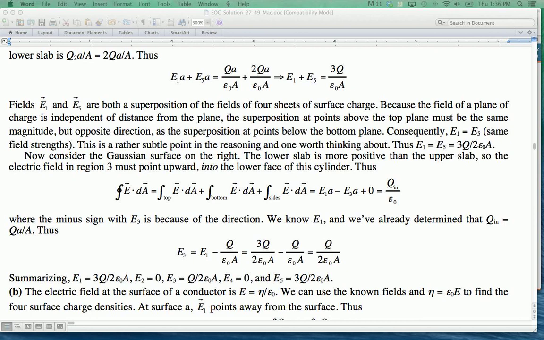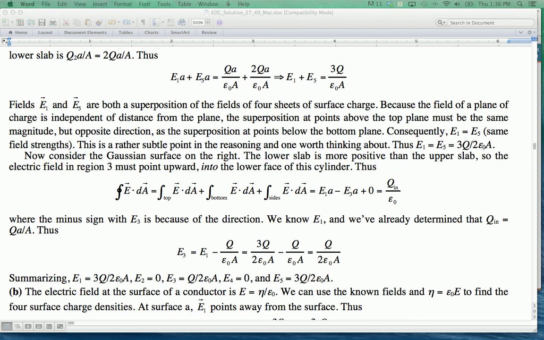Well, this Q is just Q inside. Good point. Hang on one second. So does this make sense? This tells us the total amount of charge enclosed by everything. That doesn't tell us how much charge is on this surface or that surface or anything. So we've got to explore a little bit more.